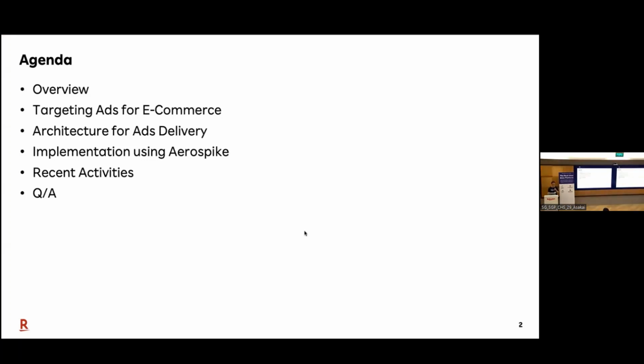I'm going to talk about what targeted ads are from the e-commerce perspective, introduce the high-level architecture for ads delivery in our case, how we make use of Aerospike as a core database engine to deliver our ads, and what recent updates we have related to Aerospike.